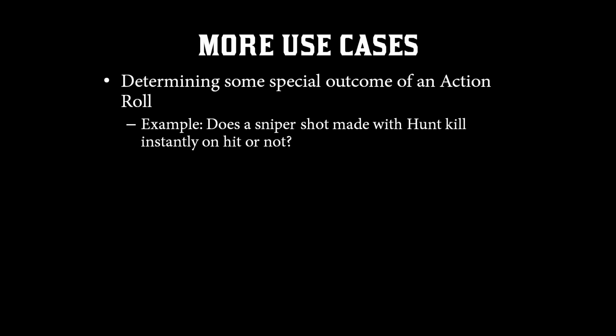However, maybe the GM feels like, okay, we've gone through the whole procedure of the action roll, we've determined position and effect, we've added in all the bonuses, we've considered the fictional positioning, and yet I still feel like I'm on the fence as to whether this sniper shot is going to be an instant kill or not. In that case, disclaim decision-making to the fortune roll, right? Make the roll, see what happens.